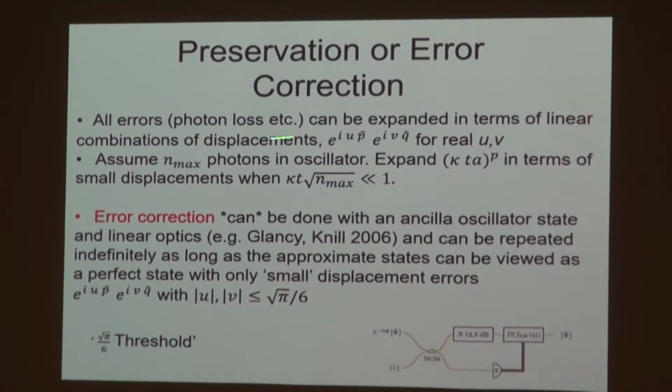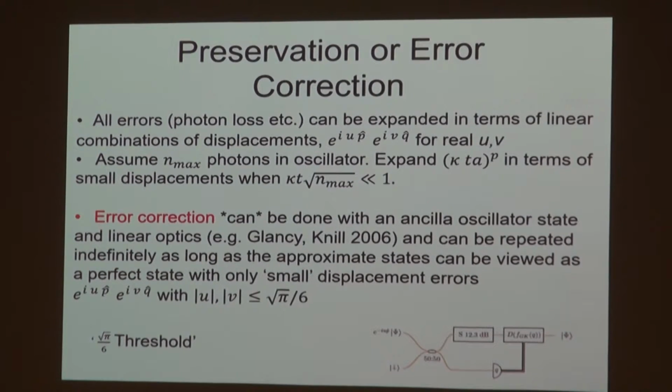And the mathematical statement goes like this. You have to think about displacement as a basis of errors, like Pauli errors are a basis of error on qubits. It doesn't mean that they are the predominant source of decoherence, right? Relaxation, amplitude damping is a more natural noise model. But you can expand any type of errors as a linear combination of Pauli errors.